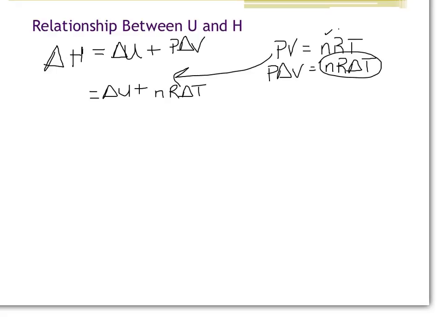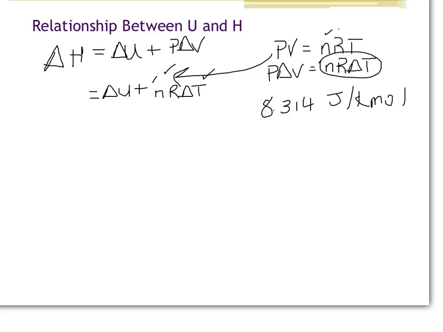and that's our relationship. If we want to be able to solve for the internal energy or the enthalpy, only knowing how many moles we have, our gas constant value, which of course we're using for energy to be 8.314 joules per Kelvin mole, and our temperature.